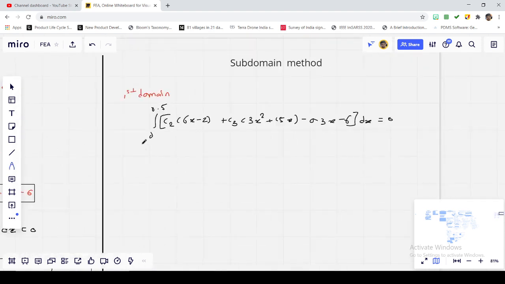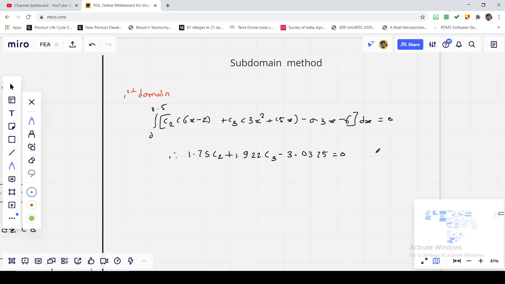So we don't have any separate weight function here. We just change the domain from 0 to 0.5. That is a major difference, and you can solve this in a calculator. You will get 1.75 c2 plus 1.922 c3 minus 3.0375 is equal to 0. You can label this as equation number 1.